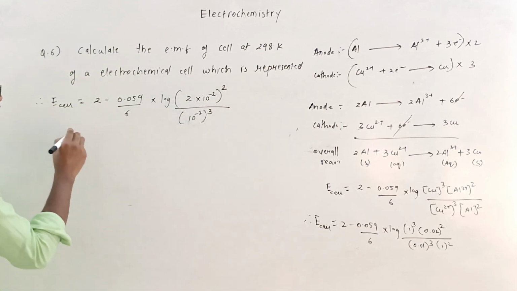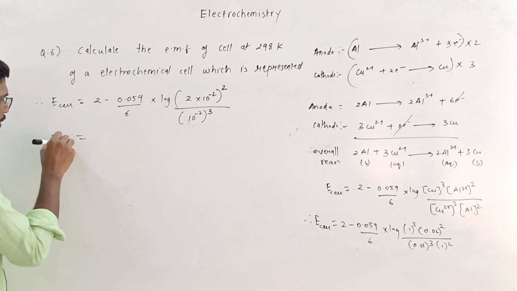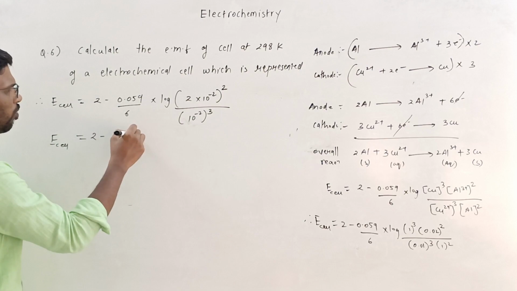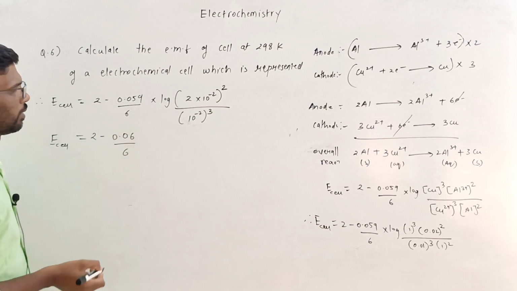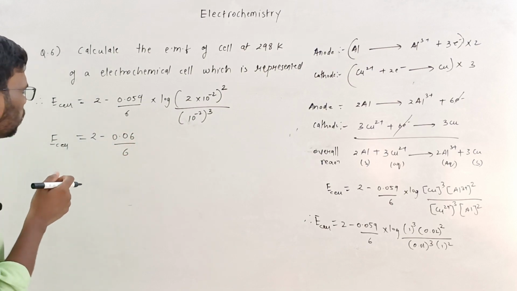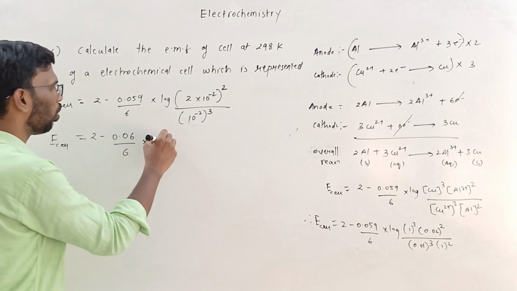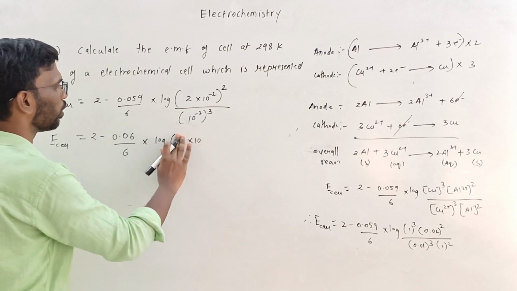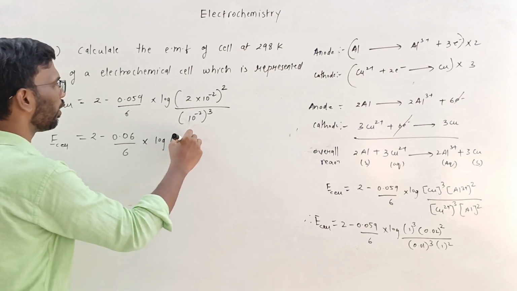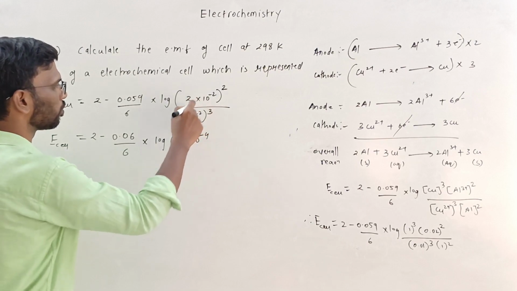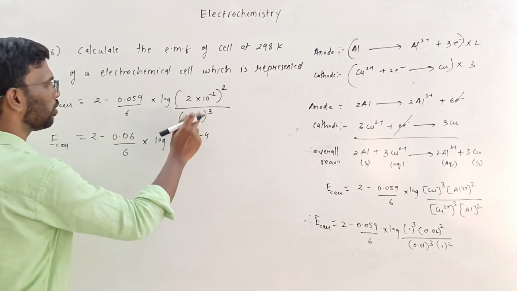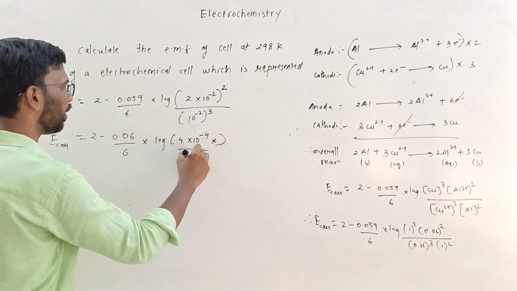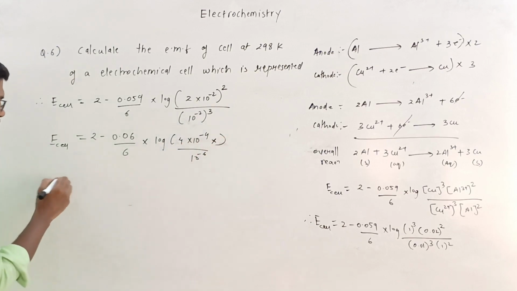So E cell is 2 minus 0.059, I'll consider this roughly to be 0.06, into log of 2 into 10 raised to minus 2 squared, which is 4 into 10 raised to minus 4, upon 10 raised to minus 6.